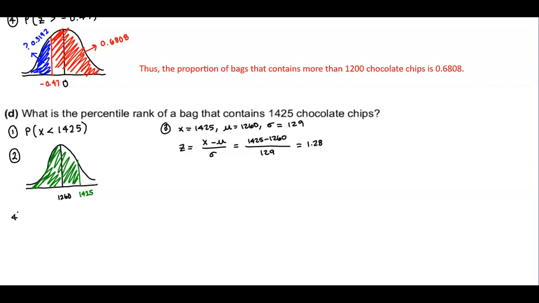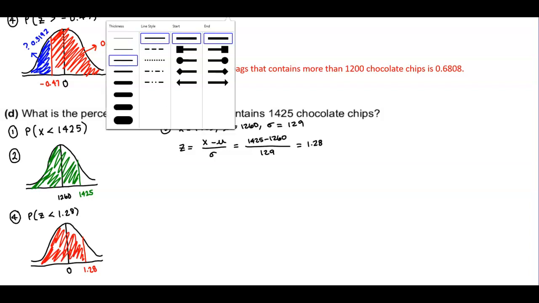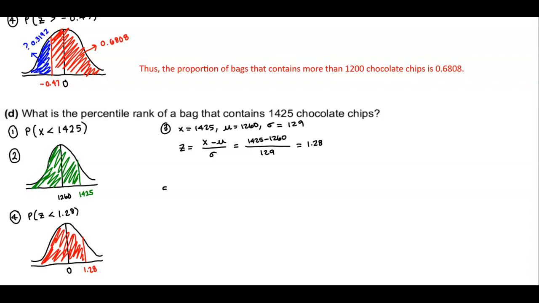So what we want to do is find the probability that z is less than 1.28. Again, our bell curve is now the standard normal distribution where this is 0. And now our z-score is at 1.28. And we want to find the area to the left using the table. So let's go ahead and find that.